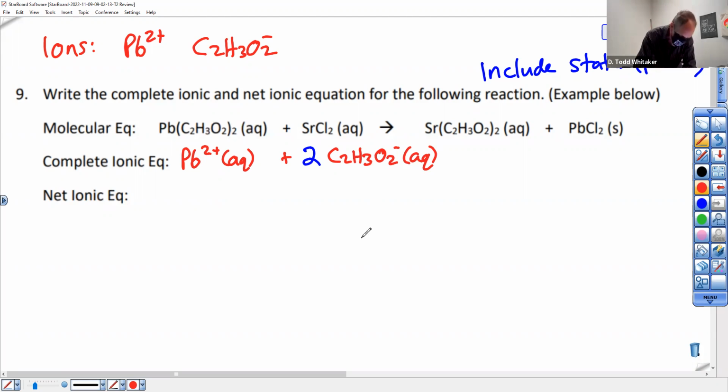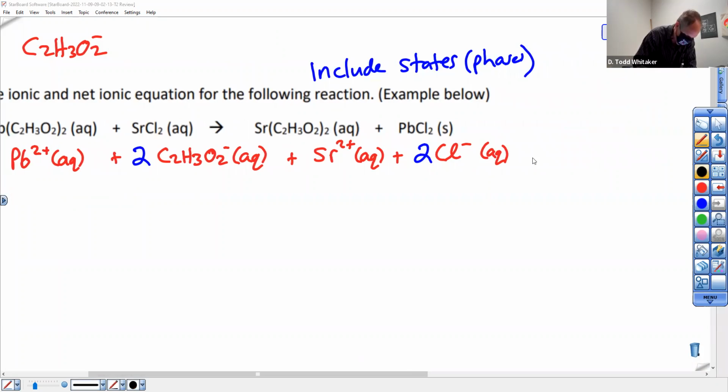And strontium chloride, Sr2 plus, second column of the periodic table, dissolved in water, because I'm told it was. 2 chlorides, dissolved in water.